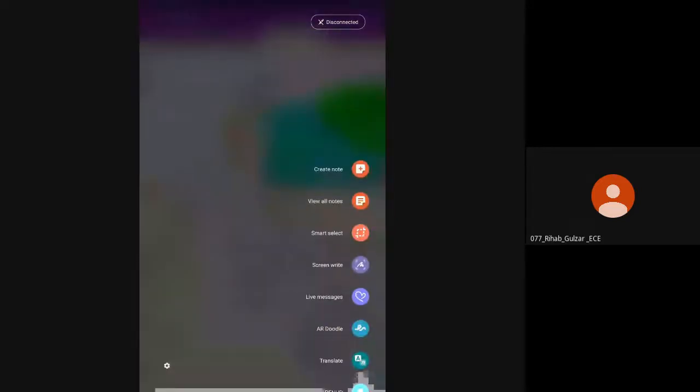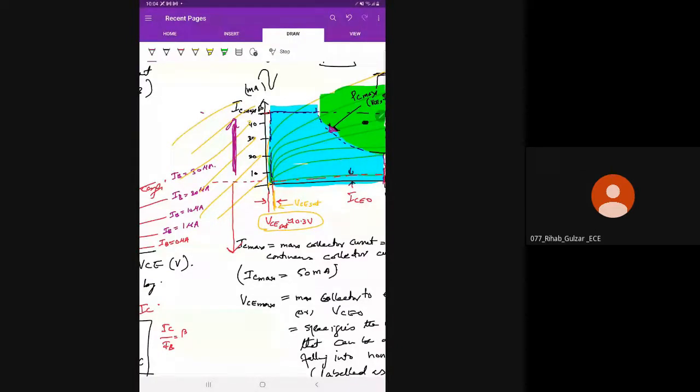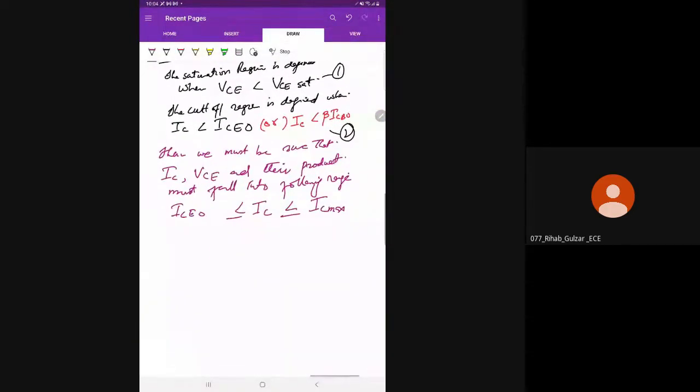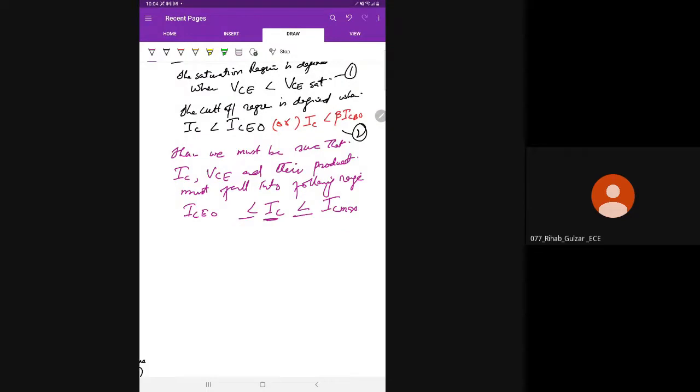ICEO is this level, and IC max is this point. It should be less than IC max, but greater than ICEO. So that's what I have written here.